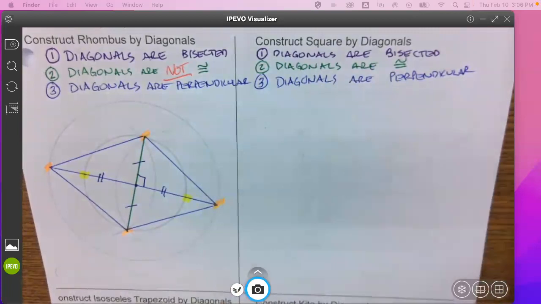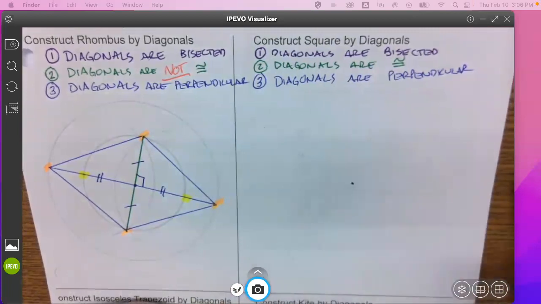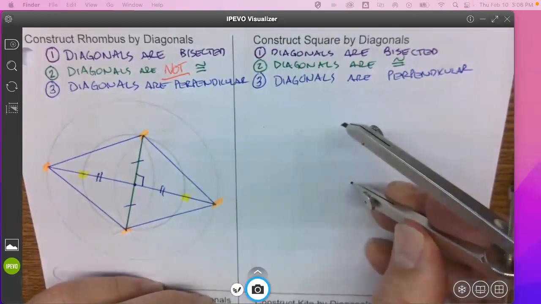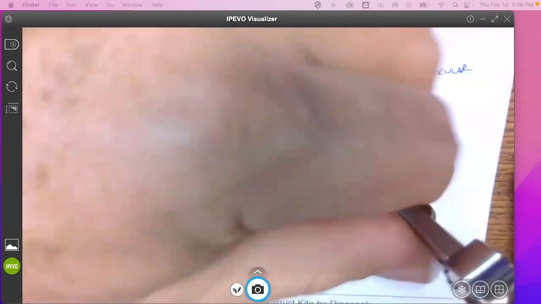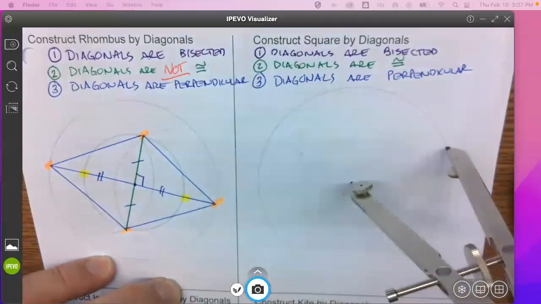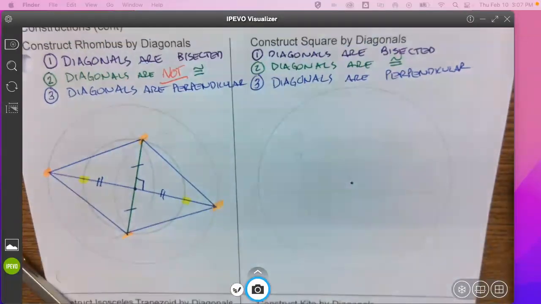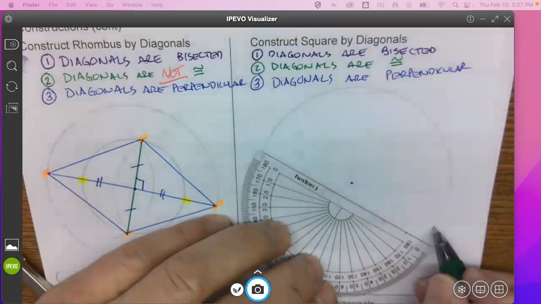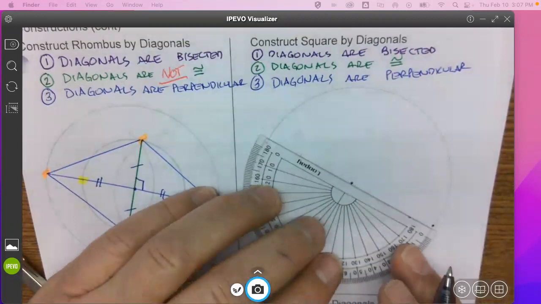To do the bisect part, let's do our circle. Let's make one diagonal.